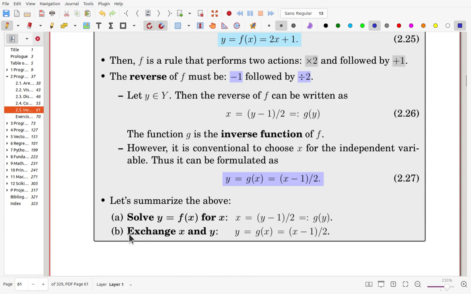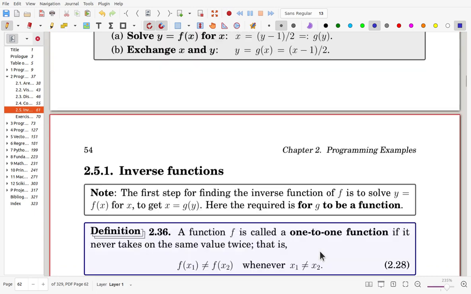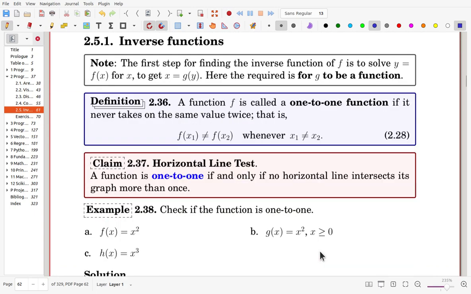Then we exchange x and y so that we reach the conventional inverse function. Okay. Inverse functions. The first step for finding the inverse function of f is to solve y equal to f of x for x, and we'll get x is g of y.